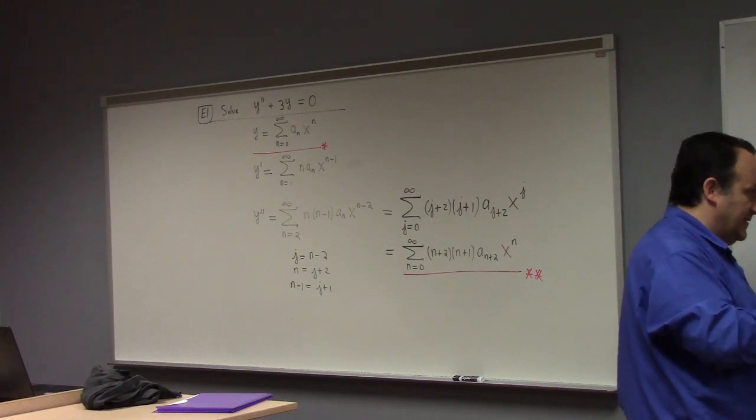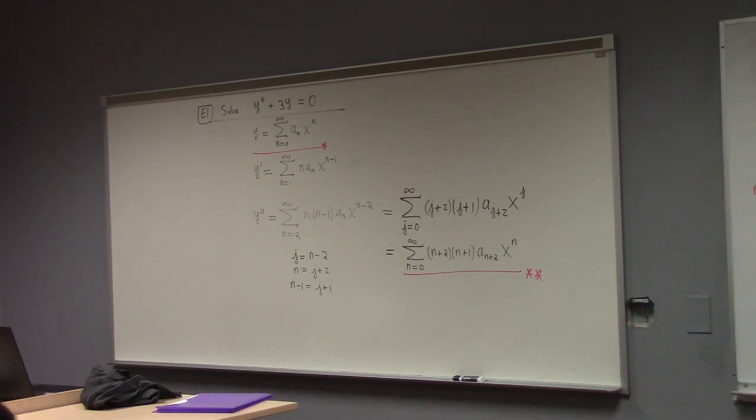And you can readily see, if you don't get confused like we got last time, that a sub 2k plus 1 is equal to minus 1 to the k times 3 to the power k times a sub 1 divided by 2k plus 1 factorial.